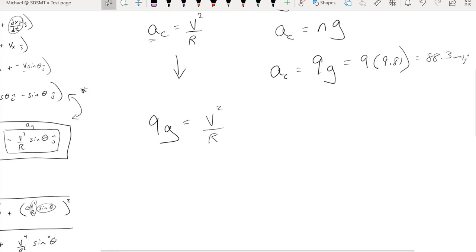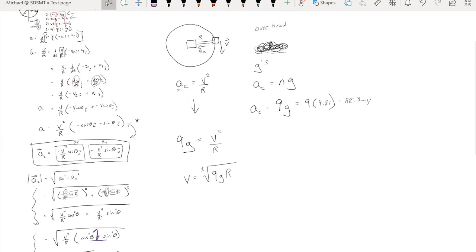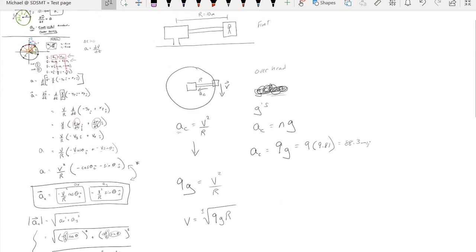All right, so there's our expression. And we're solving for the necessary speed, so we'll go ahead and rearrange our expression to solve for v. To do that, I would need to multiply over by r and then take a square root. And for any root, we have the potential of there being a plus or minus, and we might think, well, we're just talking about the magnitude of the speed here, so we can throw away that minus sign.